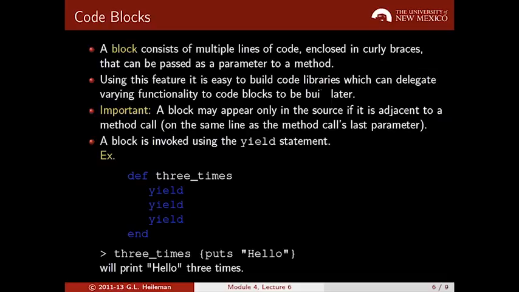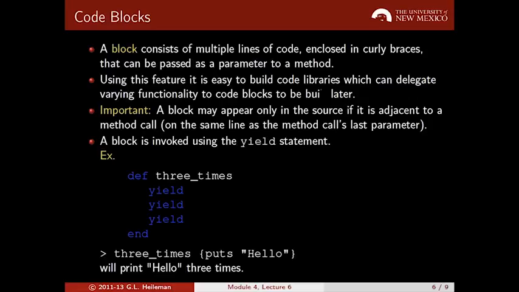And the yield statement will just execute the block of code that's passed into that method. So next, I'm opening up IRB, and actually if you open up IRB, first define this function, and then now I'm invoking that method 3 times, and right after it, curly braces, that's a block of code that's being passed in to the method.